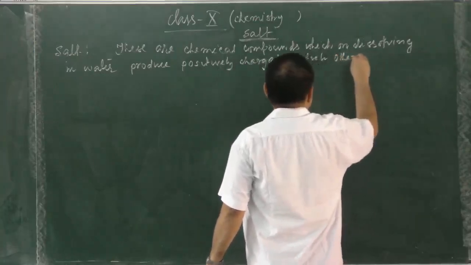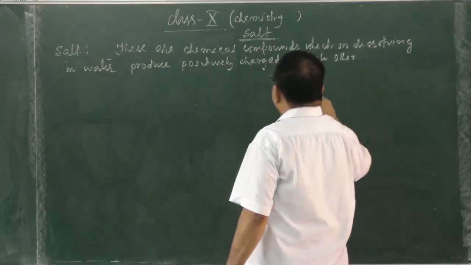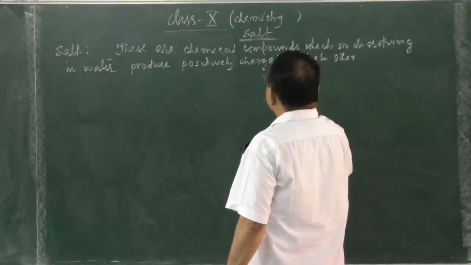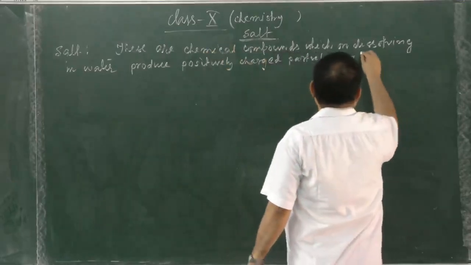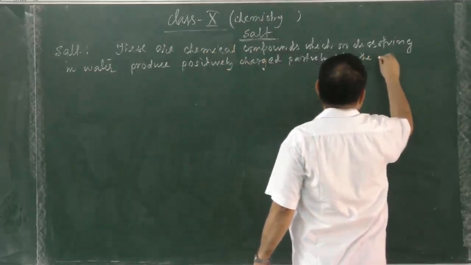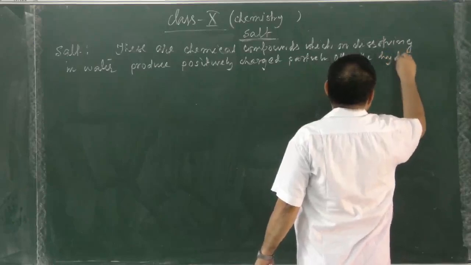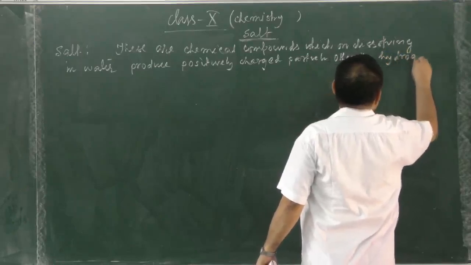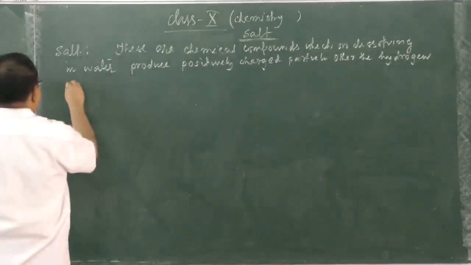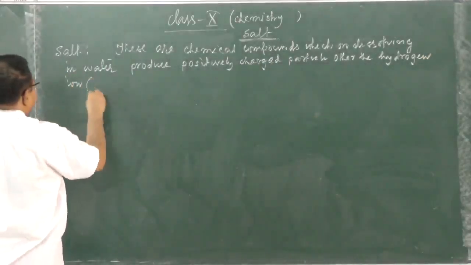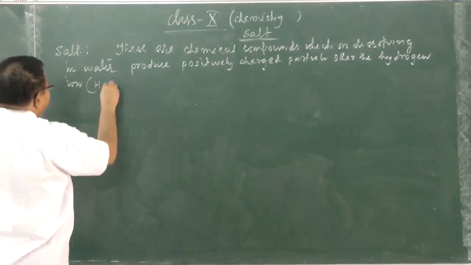Hydrogen ion is positively charged. So apart from hydrogen ion, another positively charged particle is produced, other than hydrogen ion or hydronium ion, as you can say. This is hydronium ion.